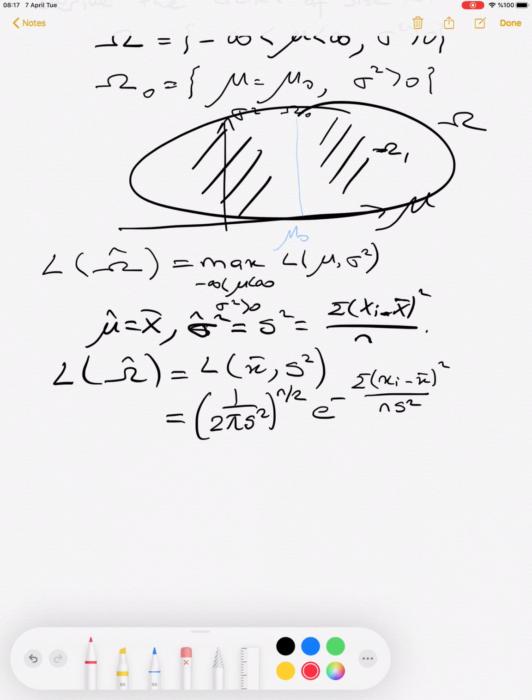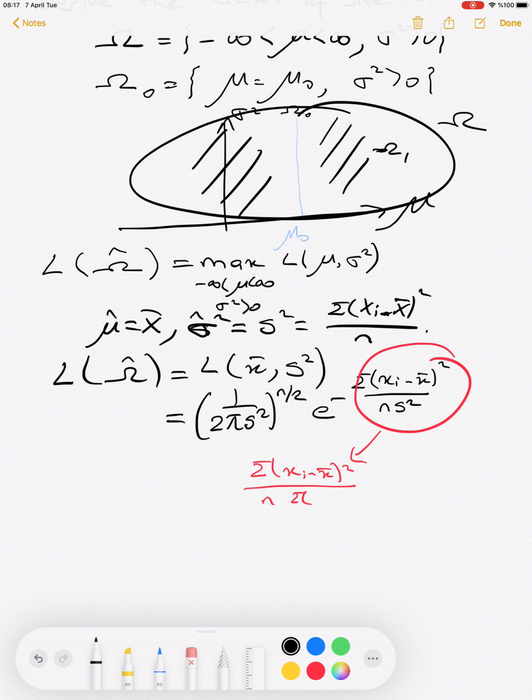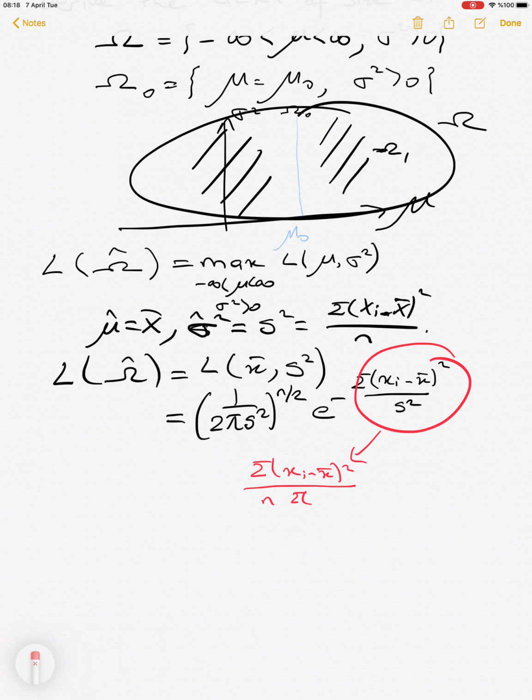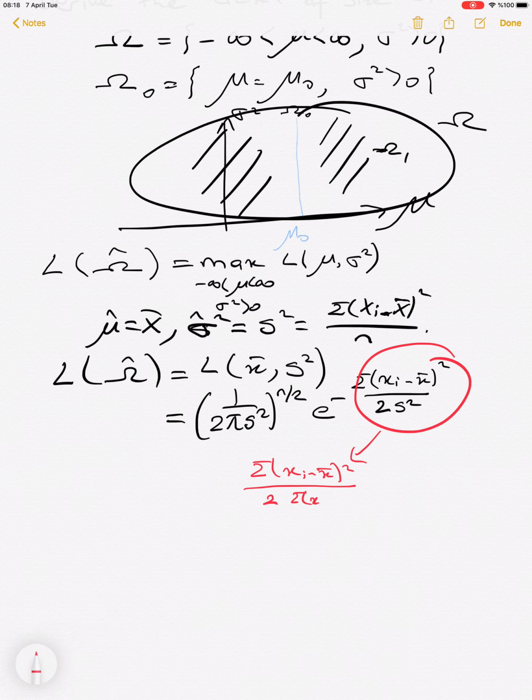So if we focus on this part, you will see that we have summation xi minus x bar whole square divided by n times summation. Oh, I have n there, so it's not n. So let me erase this and this. So it should be 2. Okay, so we have 2 times summation xi minus x bar square over n when we replace the s square formula.